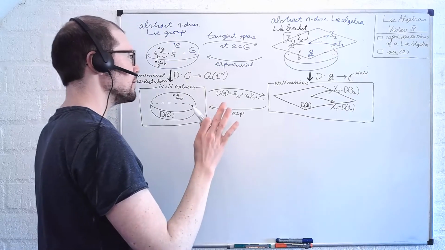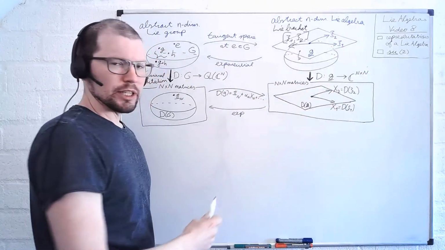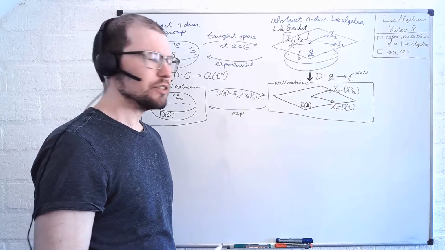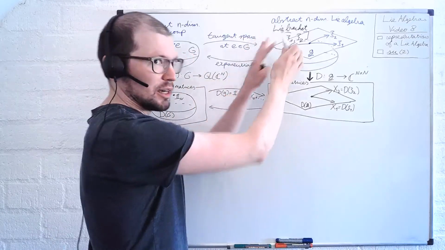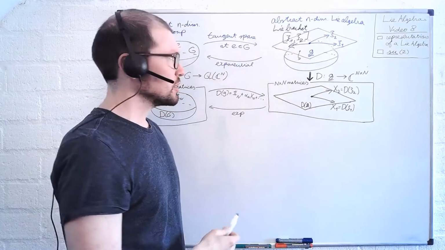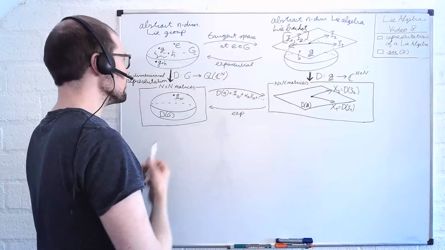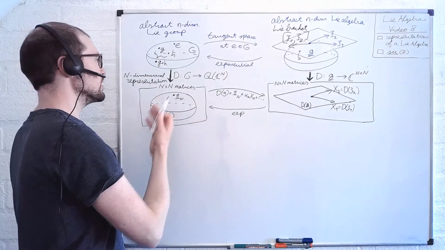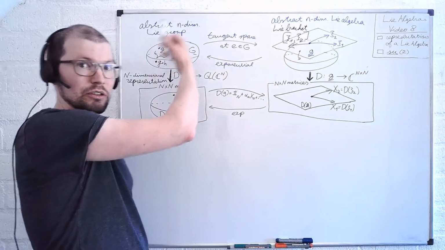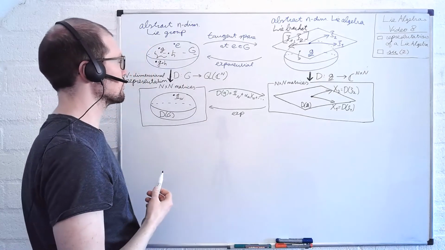Okay, now for pretty much all the applications that we physicists are interested in, we're not working on abstract manifolds and abstract vector spaces. We're really dealing with matrices. And when you're dealing with matrices, you're dealing with representations of your abstract Lie group.